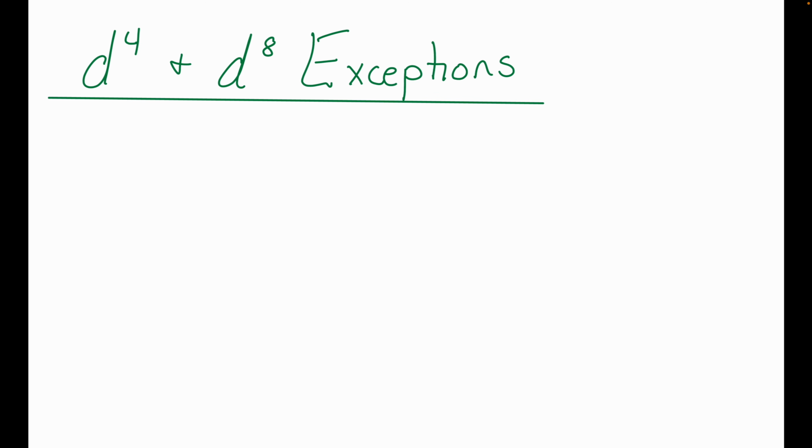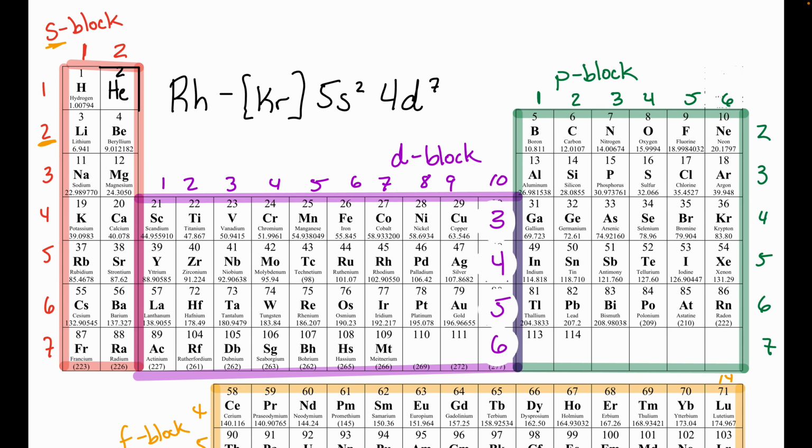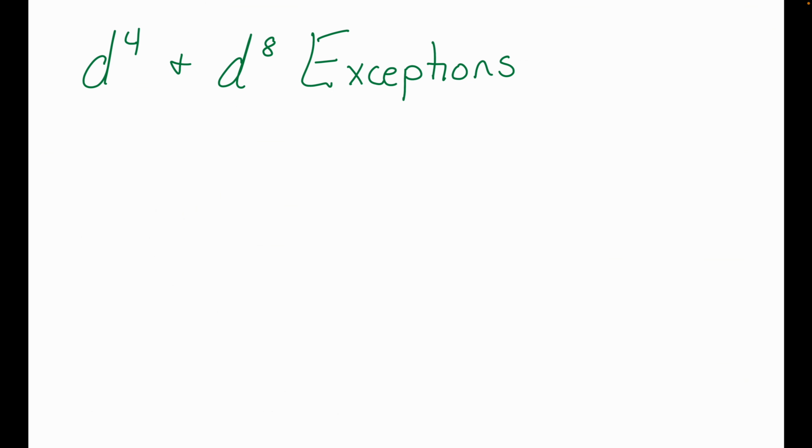By d4 and d8, I mean elements that live in the 4th column of the d block, and not d8, I'm sorry, d9, the 9th column of our d block. So, sorry, d4 and d9 exceptions.